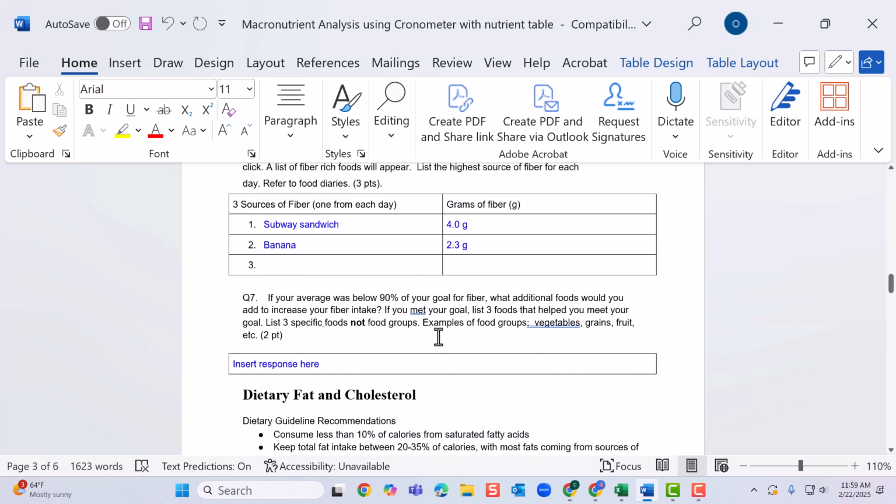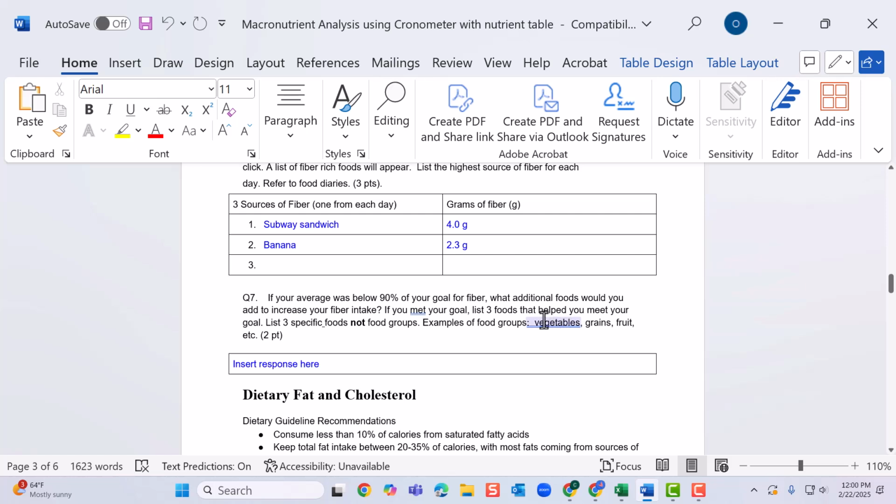So I have to list foods that I need to add to my diet to increase my fiber intake. Notice I said do not use food groups. Examples of food groups, you just say, I'm going to eat more veggies, I'm going to eat grains, I'm going to eat fruit. No, I want to know which fruit, what veggies, what grains do you think have fiber?